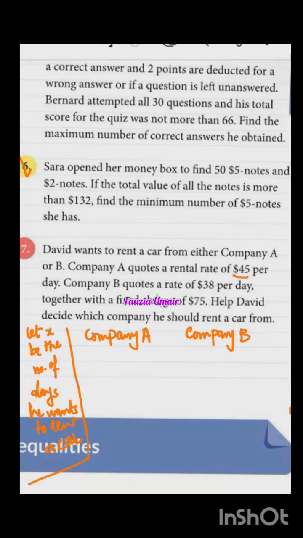So how much would company A be charging? 45x. These are the charges of company A. Now how much would company B be charging? 38x plus a fixed charge of 75. Okay? Yes, miss.